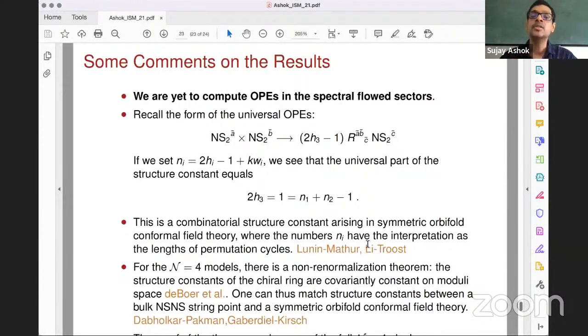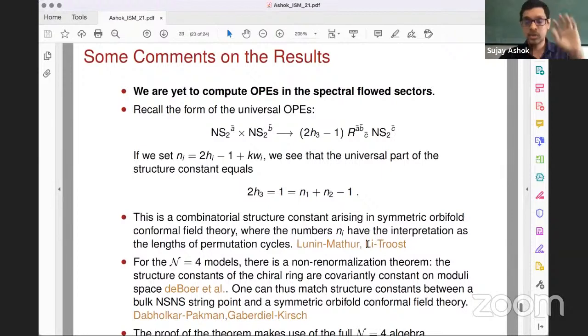One important point to make is that we did not compute the OPEs in the spectral flow non-zero sectors. Assuming that we can do that, suppose we set this combination h minus 1 plus kw to be some integer n.